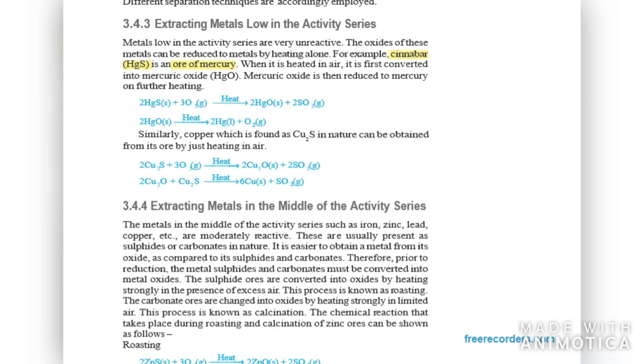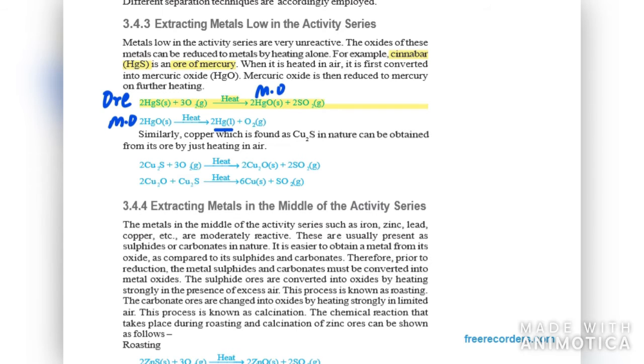Now next is how to get pure Hg from HgS. So you have to burn HgS in the presence of oxygen, then you will get metal oxide. So it is very important. We have ore first, then we get metal oxide here, that is mercuric oxide. Then we have to reduce this mercuric oxide to mercury, that is the pure metal we have.